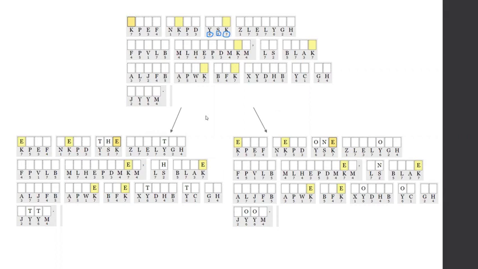However, in this case, if you try putting "the" in like this, you will find that it doesn't really make sense. The first giveaway is going to be this thing here.